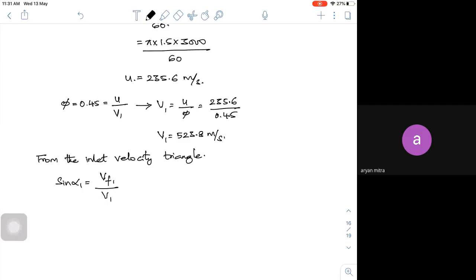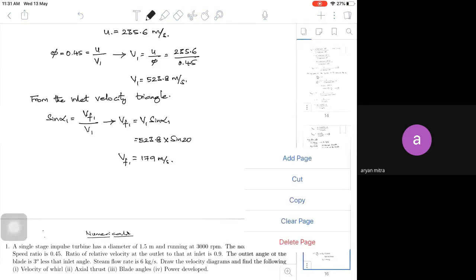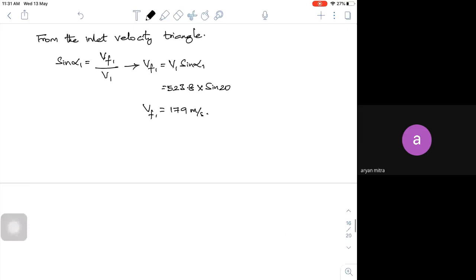I know the value of V1, and I know alpha, which is 20 degrees, so I can easily find Vf1. Vf1 is equal to V1 sin alpha 1, that is 523.8 into sin 20, which turns out to be around 179 meters per second. There can be small changes in the decimals, so you can check that. You'll get 178 or something, and round it up to 179.